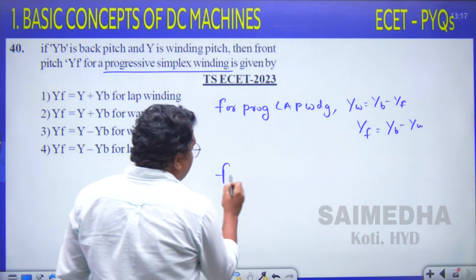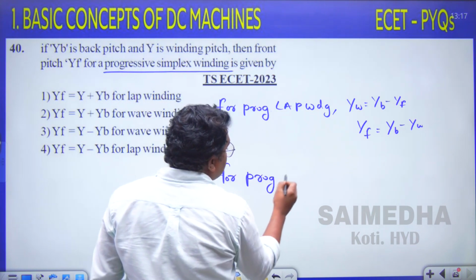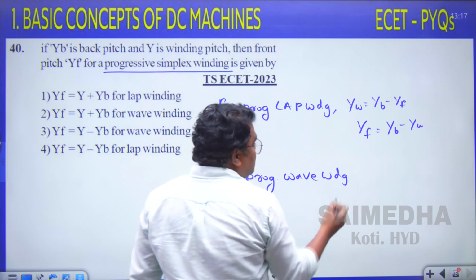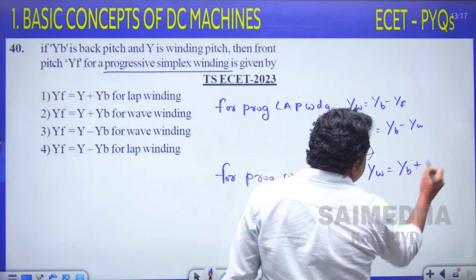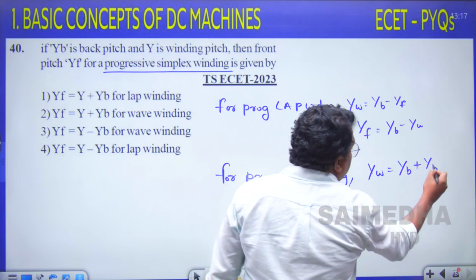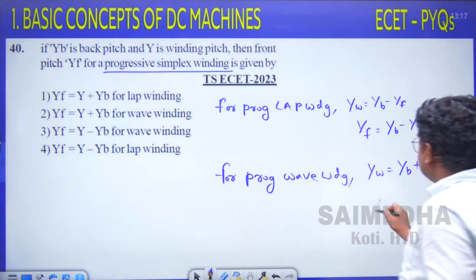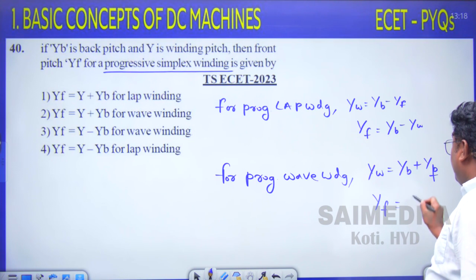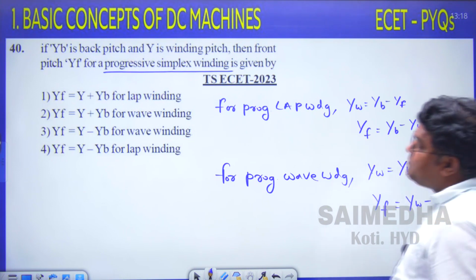For the progressive wave winding, the winding pitch is equal to YB plus YF. But we require YF, so YF is equal to the winding pitch minus YB, the back pitch.